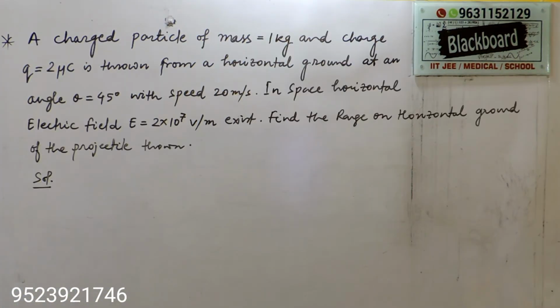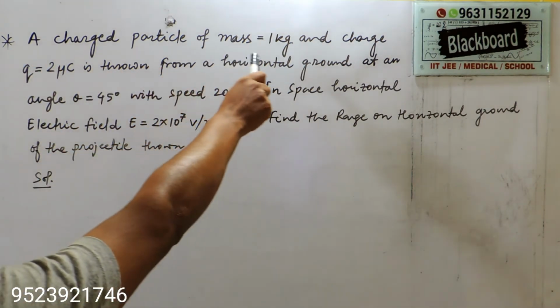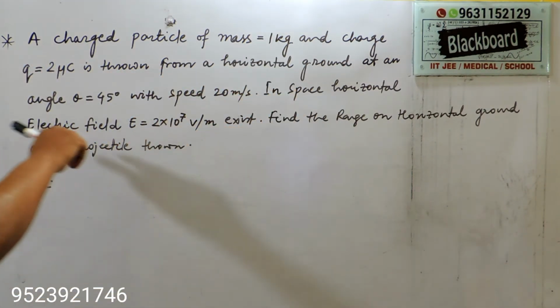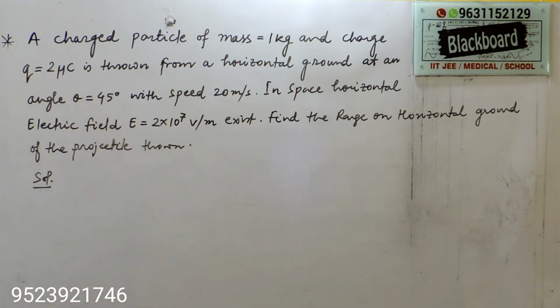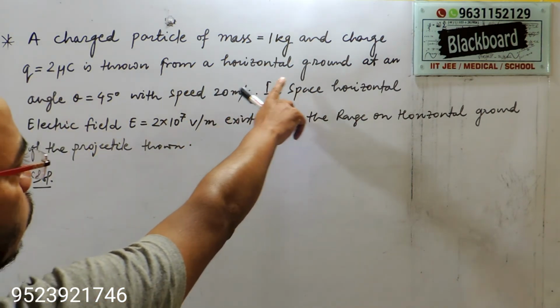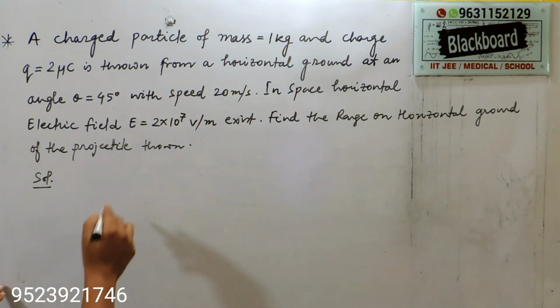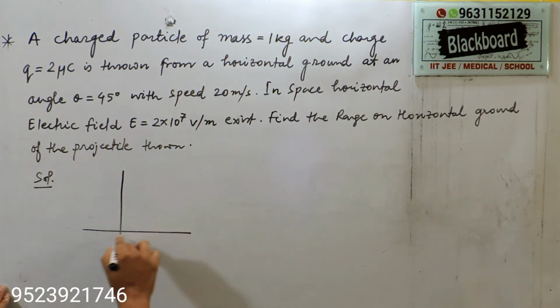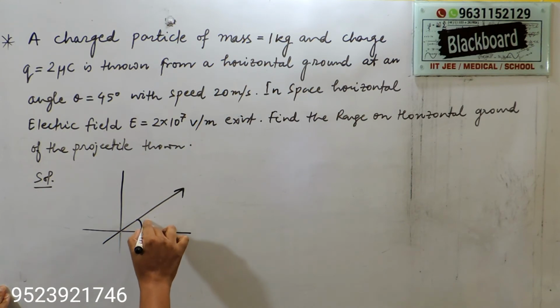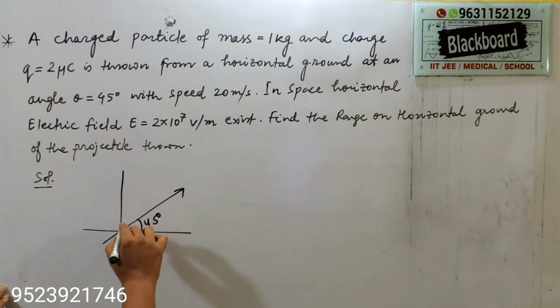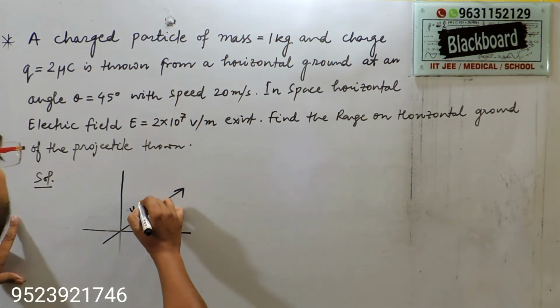Here the question is: a charged particle of mass 1 kg and charge Q equals 2 microcoulomb is thrown from a horizontal ground at an angle of 45 degree. Let your figure be like this. This is 45 degree and this is U, with speed 20 meter per second.